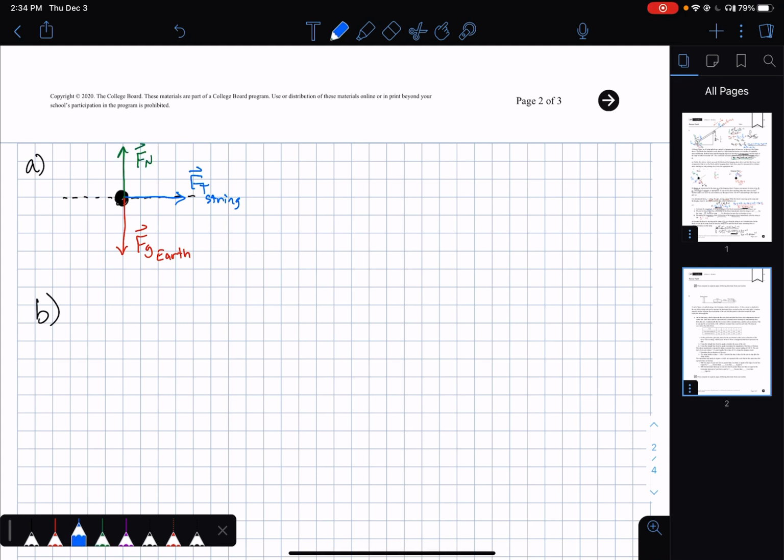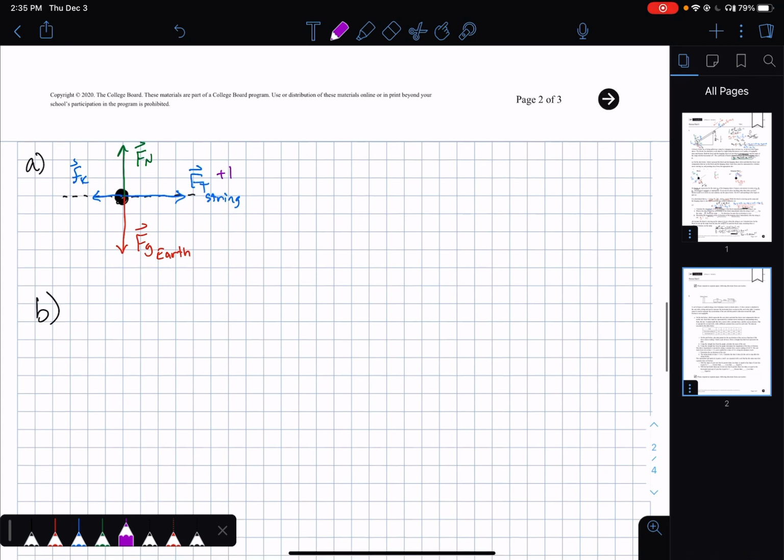And then we would have some kinetic friction present, not equal to the tension because we do have an acceleration with that cart. So this part is worth 3 points altogether. You got a point for tension, you got a point for friction, and then you got a point for both of your vertical forces on your cart.